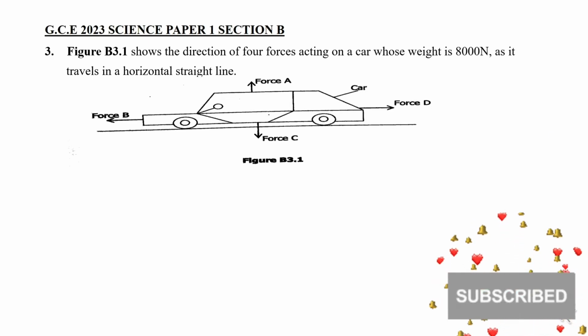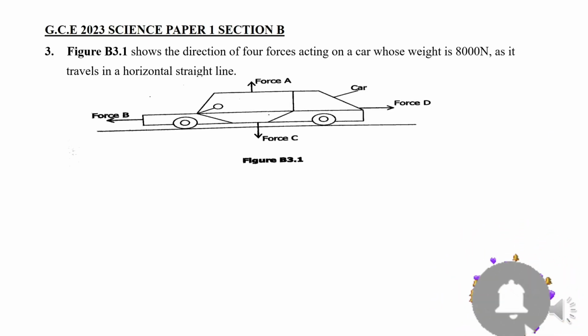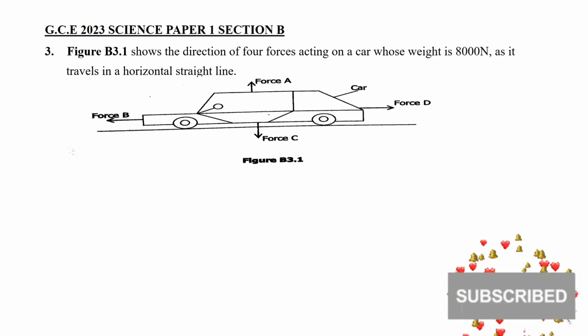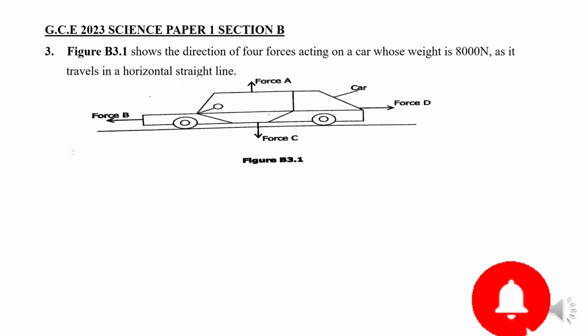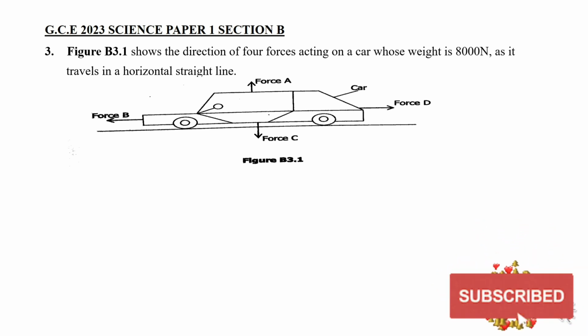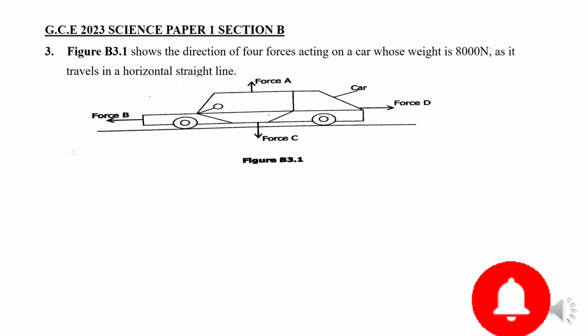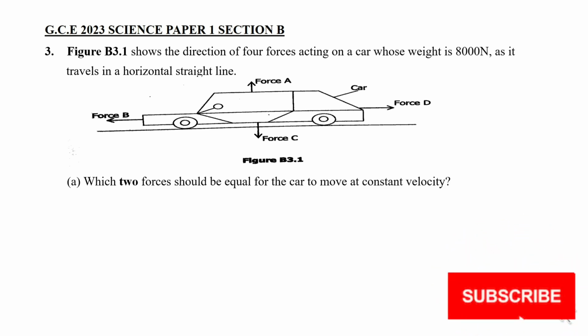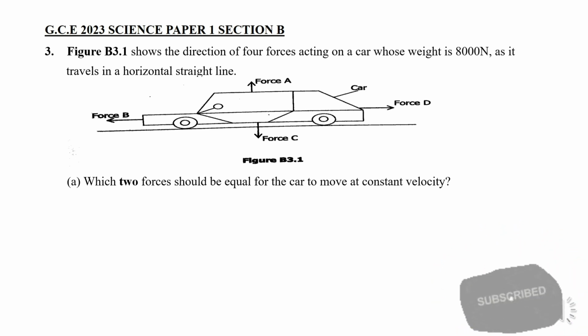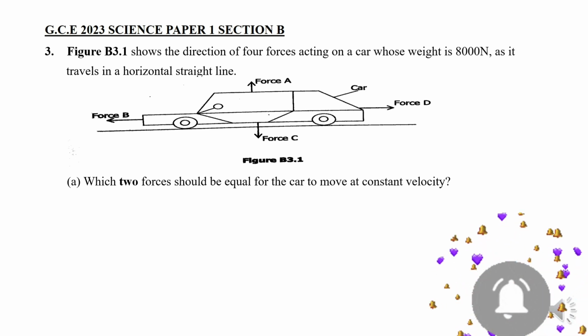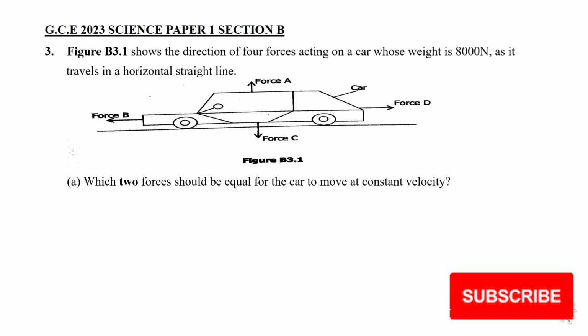So question 3 is saying, the figure B3.1 shows the direction of four forces acting on a car whose weight is 8,000 newtons as it travels in a horizontal straight line. The first question, which two forces should be equal for the car to move at constant velocity?